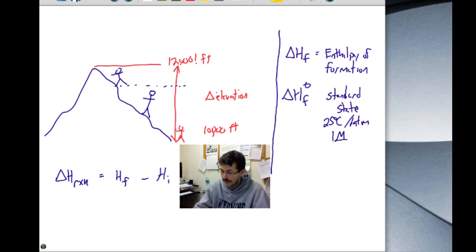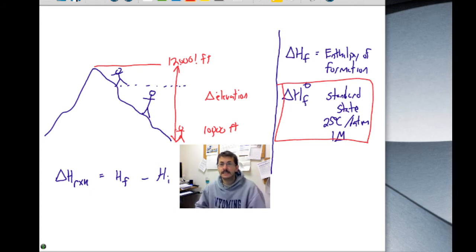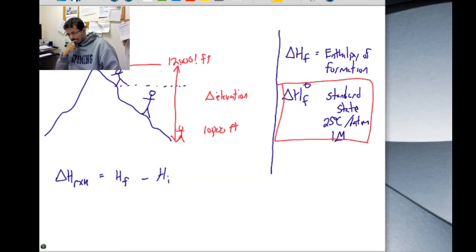So enthalpy of formation at standard state represents a sort of baseline which we compare materials to.